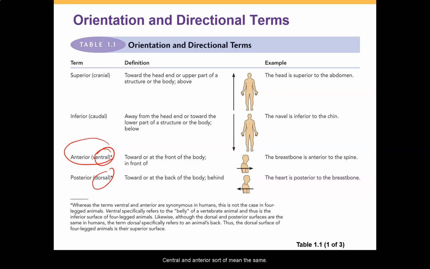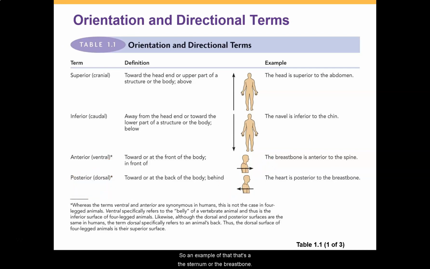Ventral and anterior sort of mean the same, but in this class we'll say they are. Dorsal and posterior in a similar fashion sort of mean the same, but in this class we will say they are. So anterior or ventral means towards the front. Posterior or dorsal means towards the back.